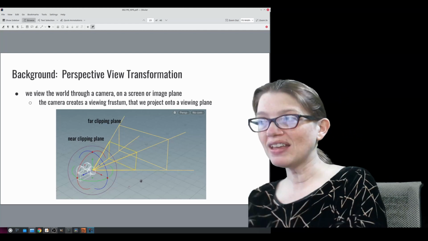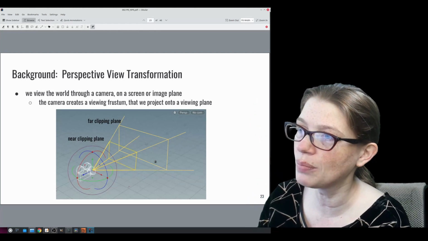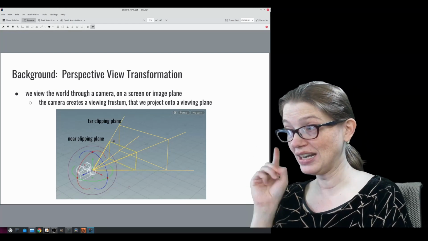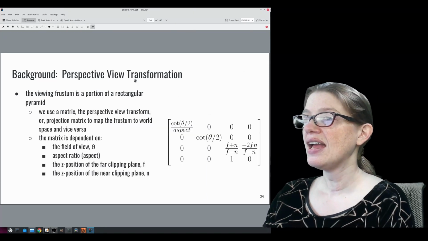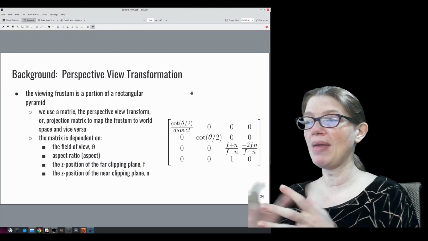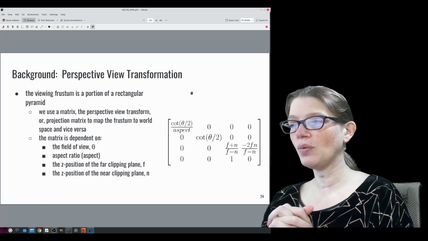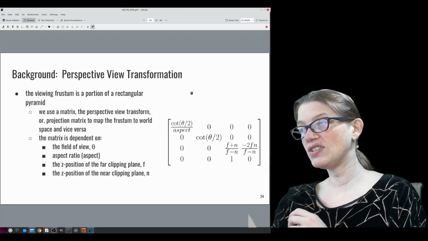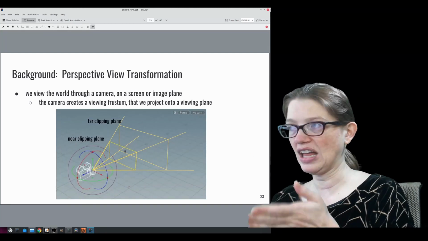So this is what the camera is actually going to see. Anything that's in this lovely little trapezoidal box, we call it the viewing frustum, that's what we're drawing. We're going to keep all of that stuff. It's a part of a rectangular pyramid. And what we want to do is project those. If you look at this, this is not a nice rectangle.